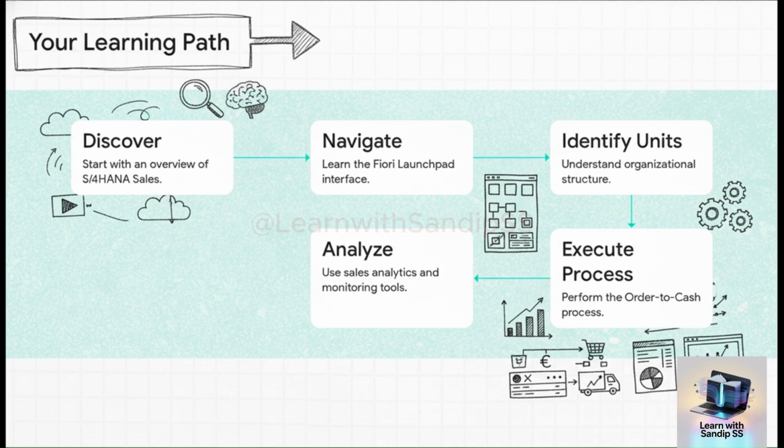Then you'll get comfortable navigating the Fiori Launchpad, which is the cool modern interface. After that, you'll learn about organizational units. That's basically how this system understands a company's structure. And only then, once you have that foundation, do you dive into running the full order-to-cash process yourself. And to top it all off, you'll learn how to use analytics to keep an eye on everything. See? It's a really logical flow from the basics to the real-world application.